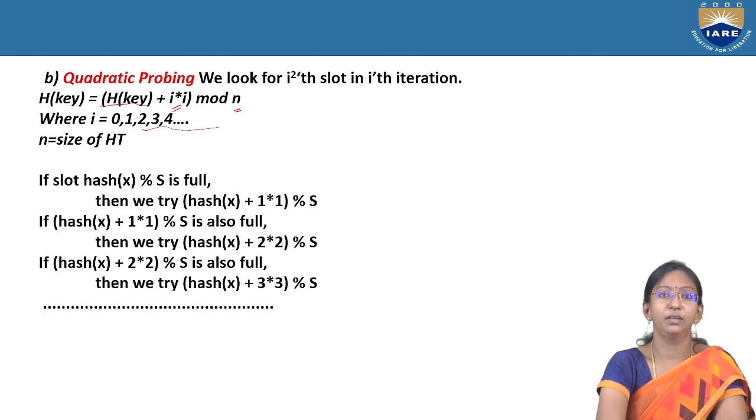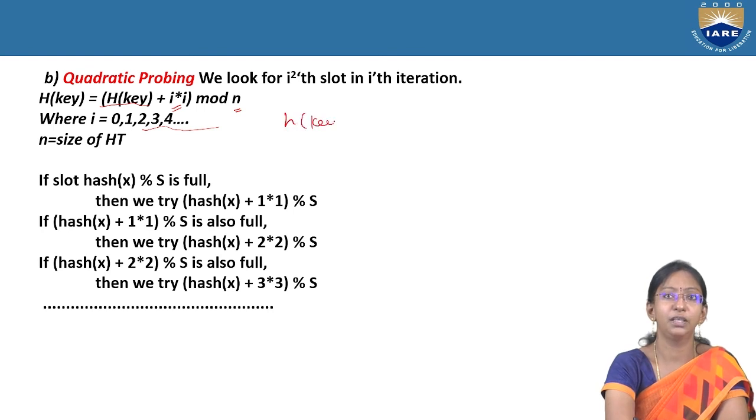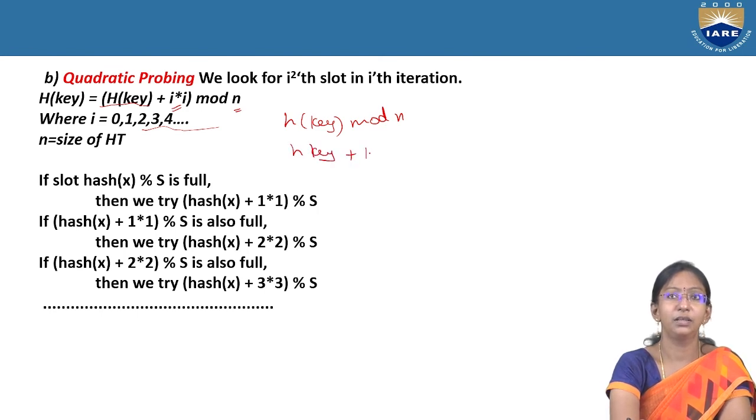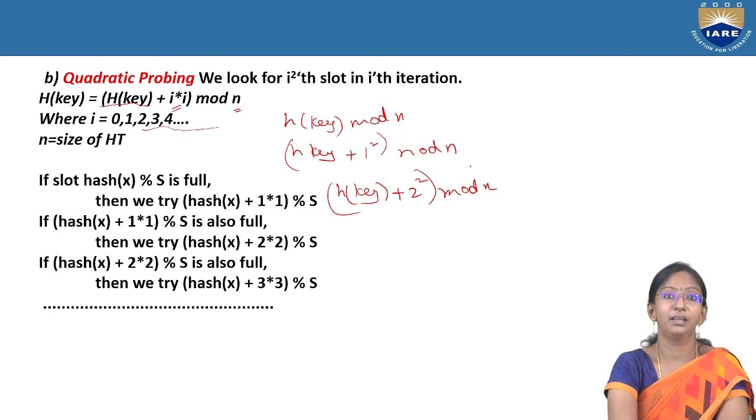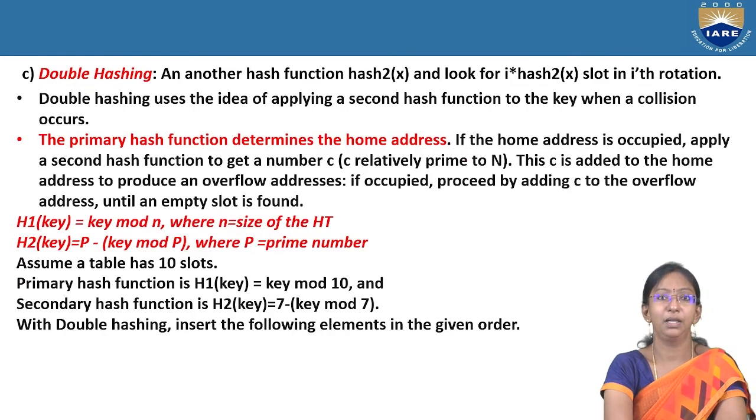So if you find h of key mod n as a clash, then again calculate h of key plus 1 square mod n. If this is a clash, h of key plus 2 square mod n. So there will be a rare case of getting a collision. Quadratic probing, right? And the third one is double hashing.